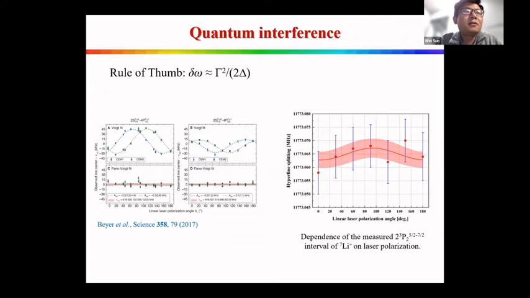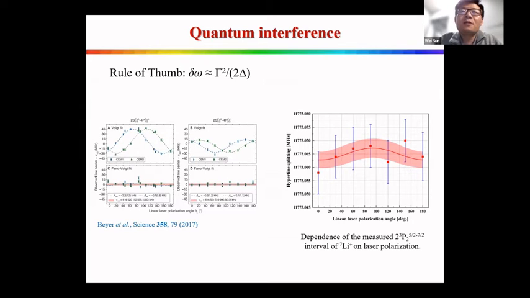As a validity check, we did an experiment in a similar way to that of Beyer's work on the hydrogen atom. That is, we took the optical Ramsey spectra at various laser polarizations and fit them without considering quantum interference.